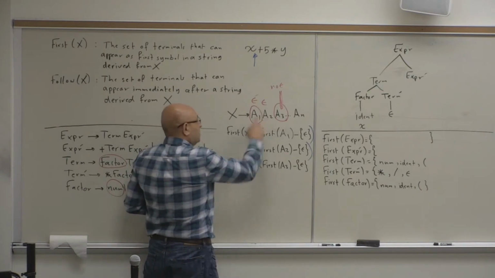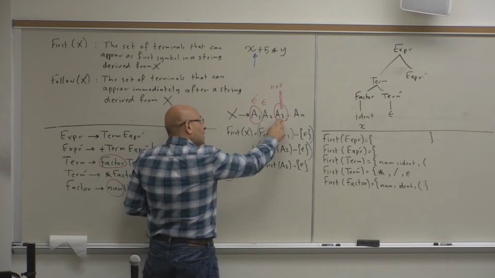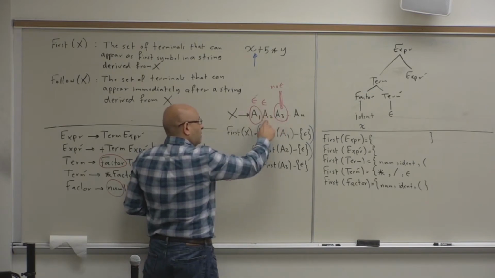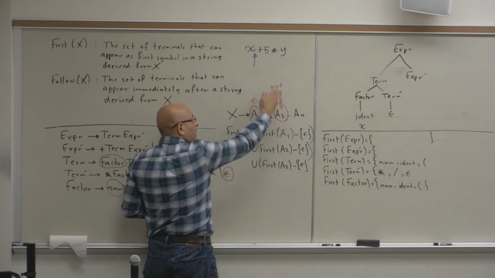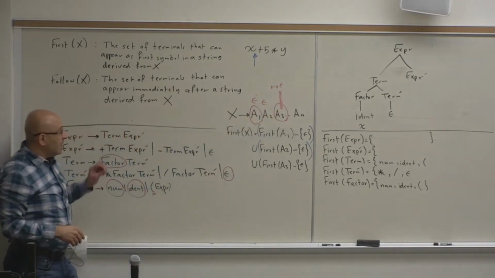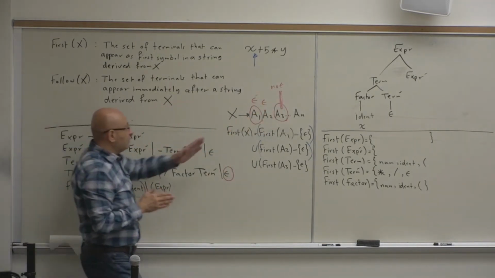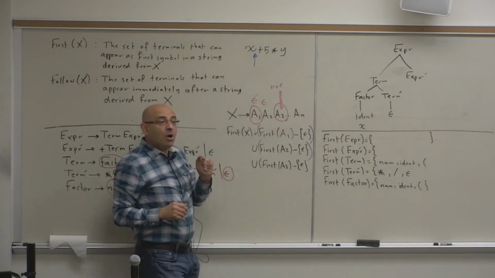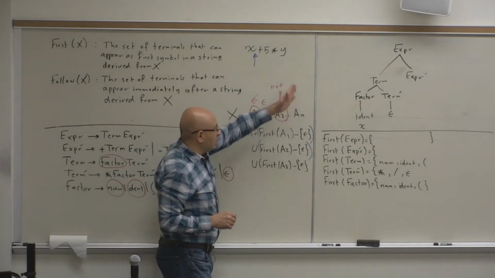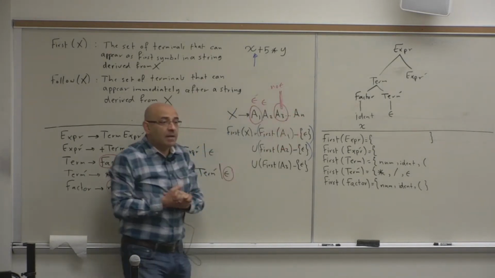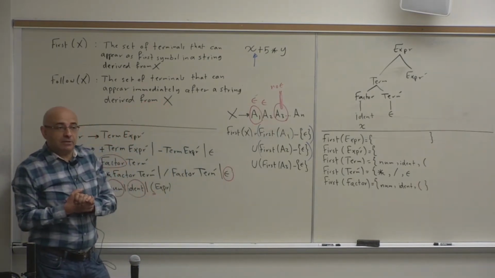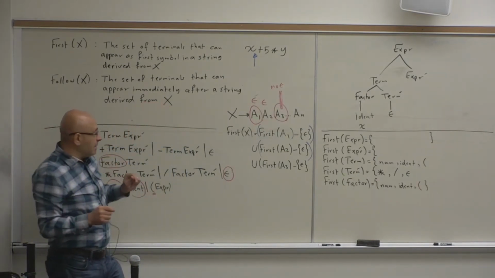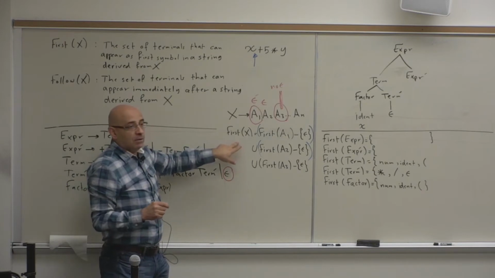And you add A3 only if epsilon appears in the first set of A2. So you keep going until you either hit a variable that cannot be replaced with an epsilon, or you reach the end. If all of them can be replaced with epsilon, you add epsilon to the first of X.